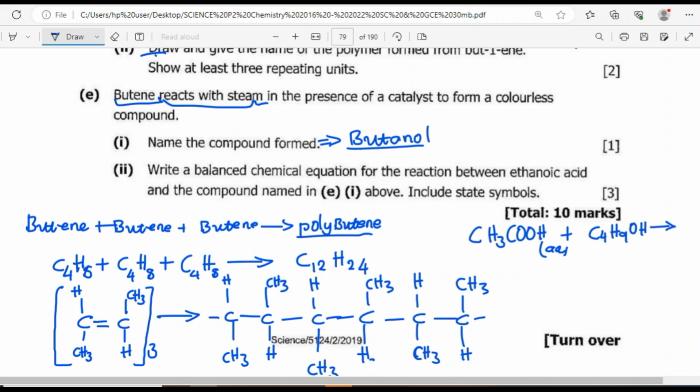So whenever you react an acid and an alcohol, you are going to form an ester. So you do the same. We need to remove what is forming water.